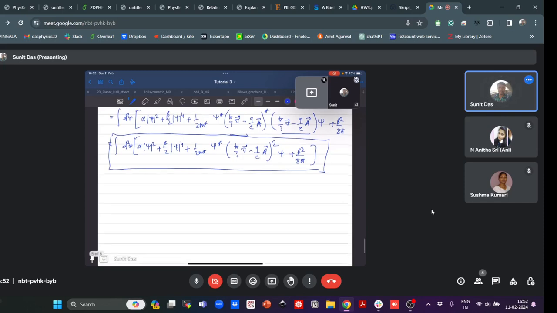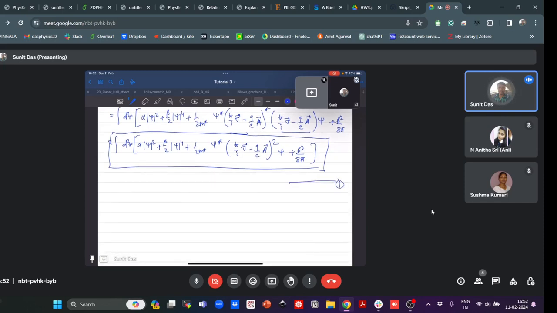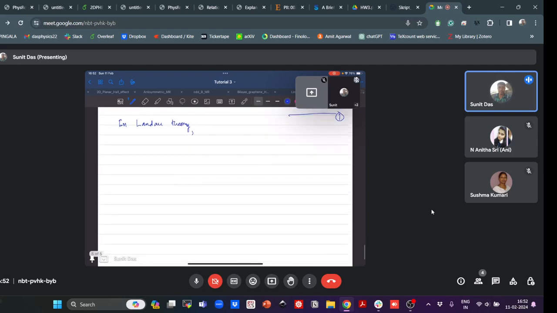So let's call this equation 1. Whatever we did in the Landau theory, we did the minimization of free energy with respect to the free parameters. In Landau theory, the free parameter was only psi, right?